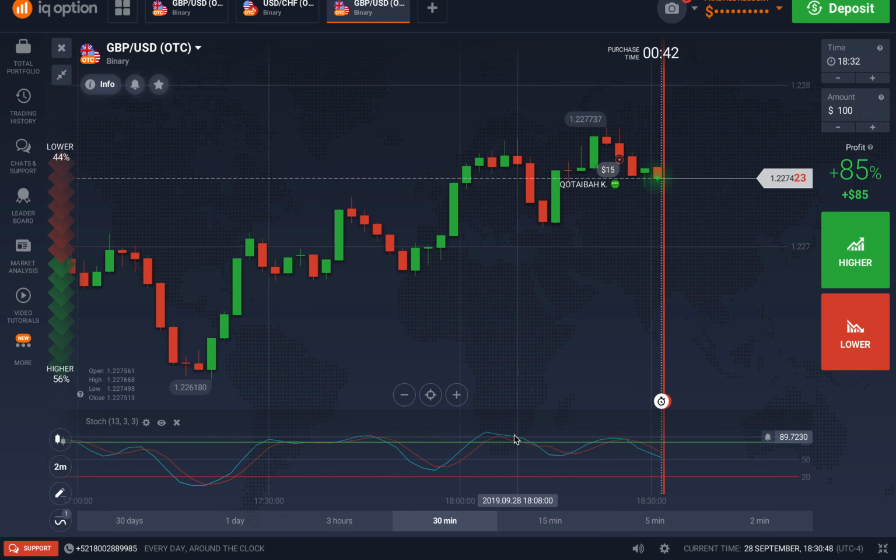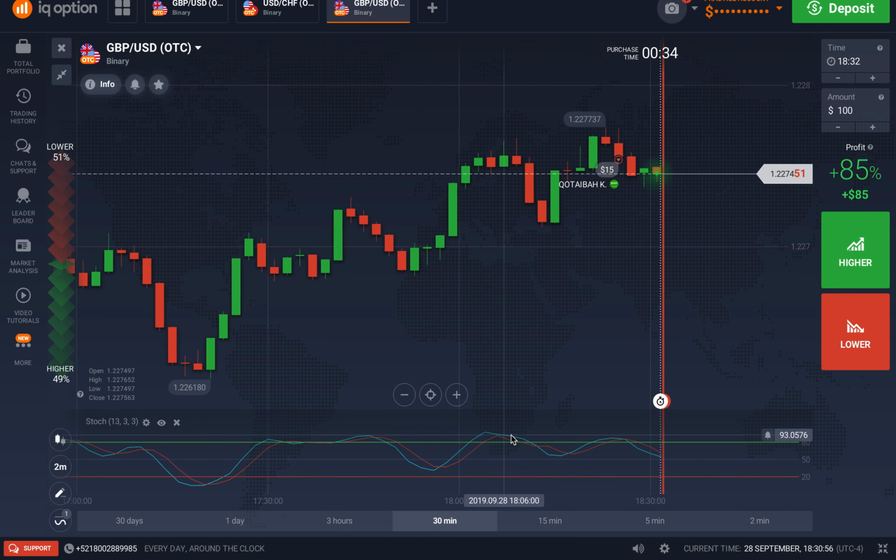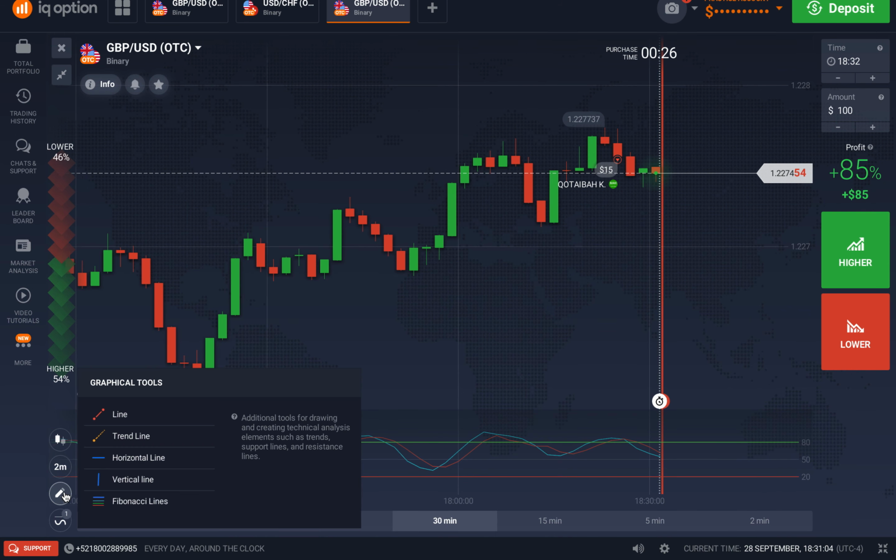Over here you have another time the blue and red line were overbought. So what we're trying to do is sell when the blue and red line cross back down. We're trying to sell. I can line it up here for you guys.